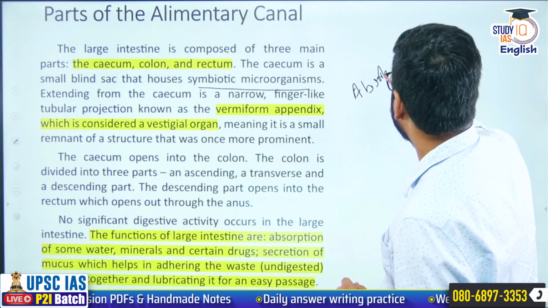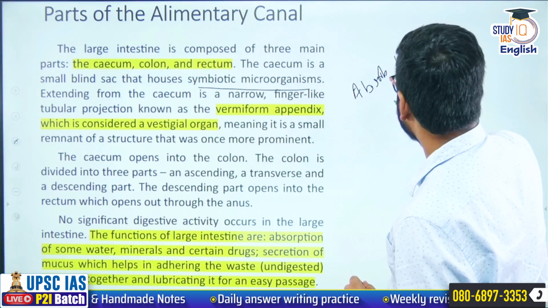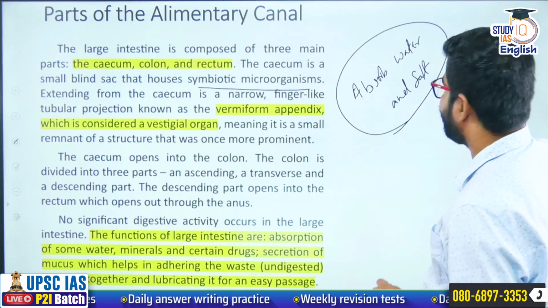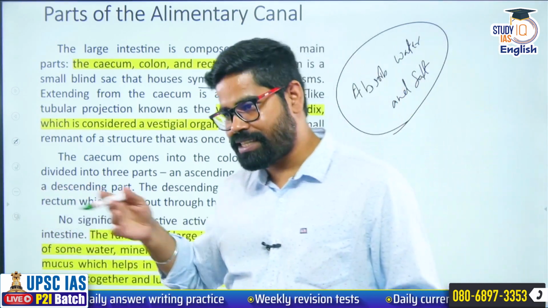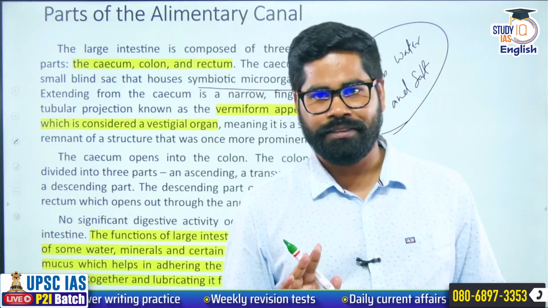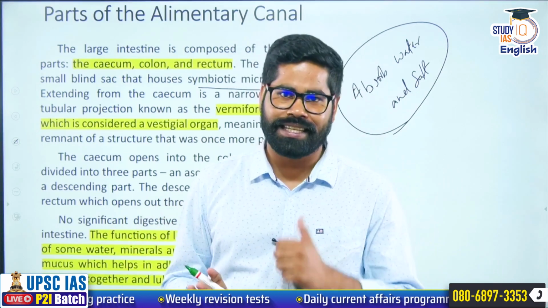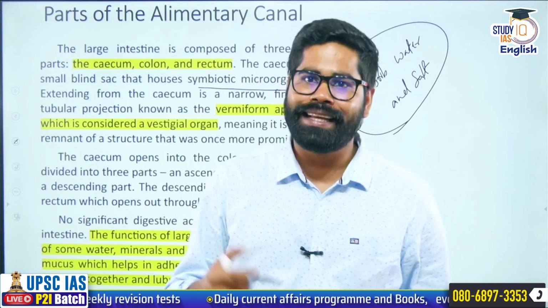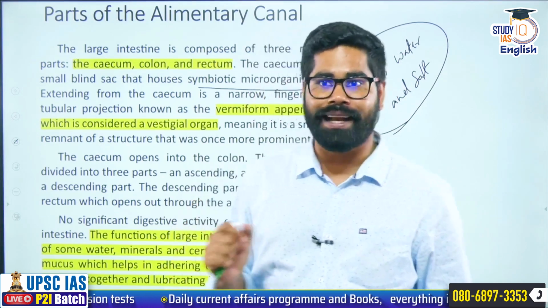Absorb water and salt. The digestion process is completed in the small intestine itself. When it passes through the large intestine, there is absorption of water and then absorption of some salt by the large intestine.